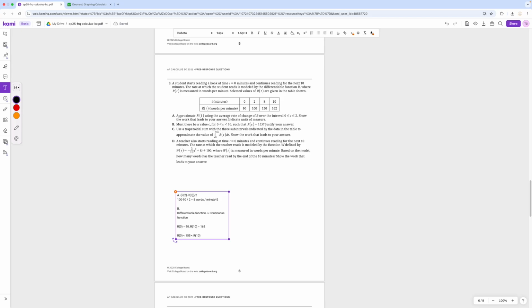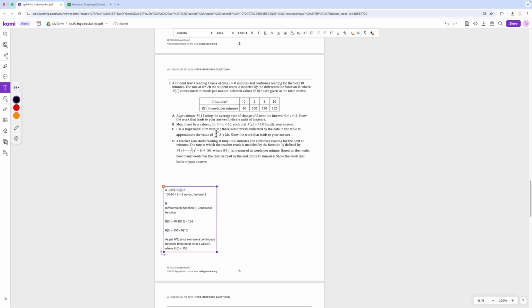Now, since we have a continuous function, and since we have a lower bound that's less than the number that we want, and a higher bound that's higher than the number we want, we can apply the intermediate value theorem. So as per IVT, since we have a continuous function, and r of 0 is less than 155, r of 10 is greater than 155, there must exist a value C where r of C is equal to 155.